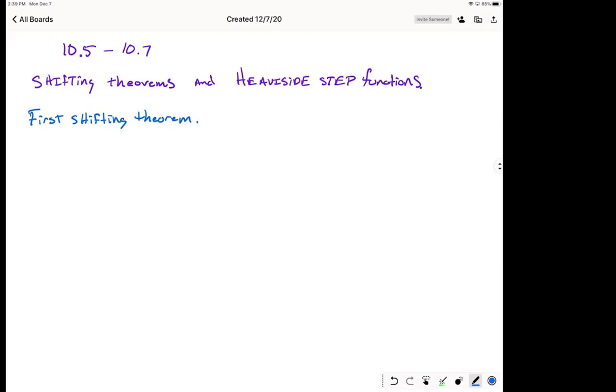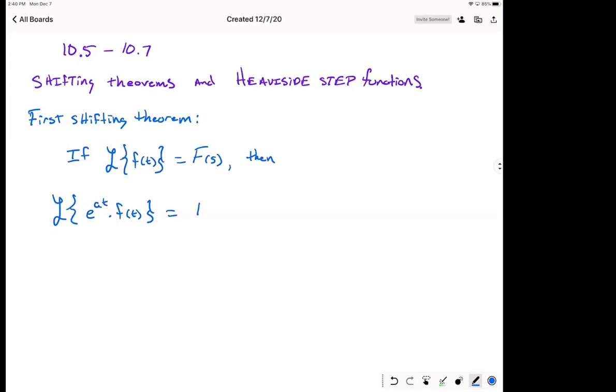And what the first shifting theorem says is if I have a Laplace transform of f, and that's equal to this transform of f evaluated at s, so lowercase f of t goes to big F of s, then if I take the Laplace transform of e to the at times f of t, so now I've got a product of two functions, e to the at times a function of t, then that is equal to capital F evaluated at s minus a.